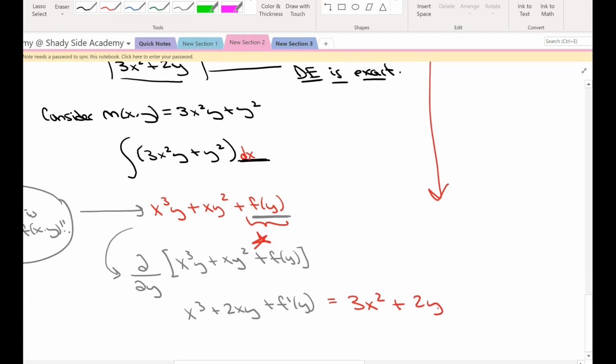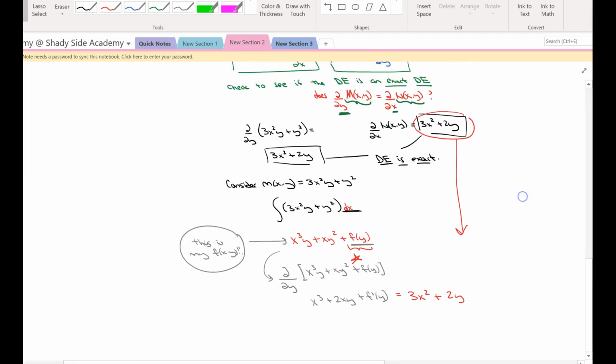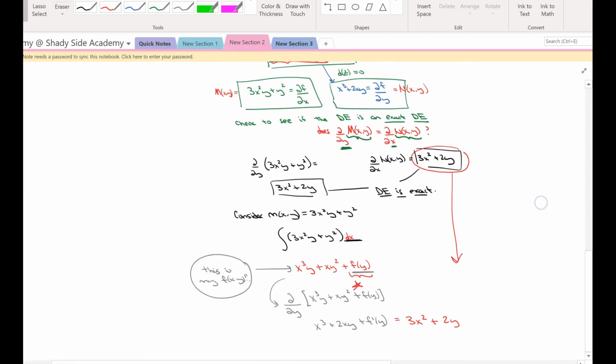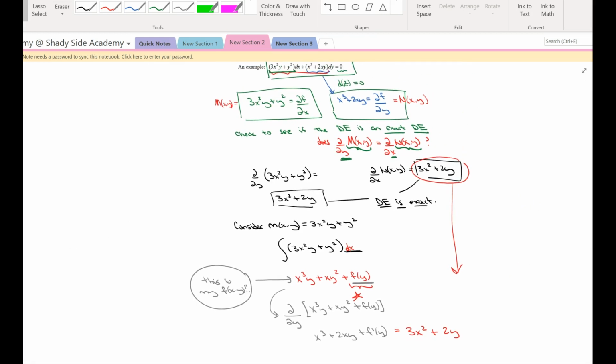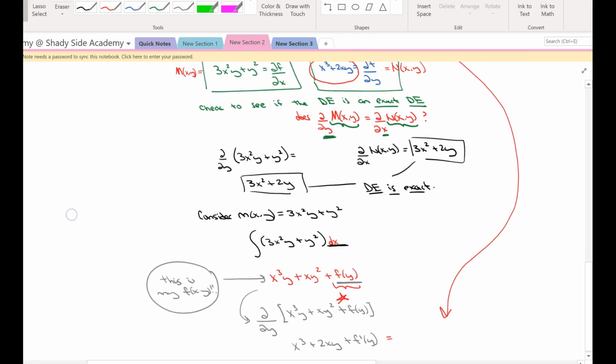Okay? All right. Oh, wait a minute. That's not the partial derivative with respect to y. I didn't scroll up enough. Let's erase. It wasn't this one, it wasn't that one. It was, where is it? There it is. This was the partial derivative with respect to y. Okay, bring it all the way down. Here we go. x cubed plus 2xy.